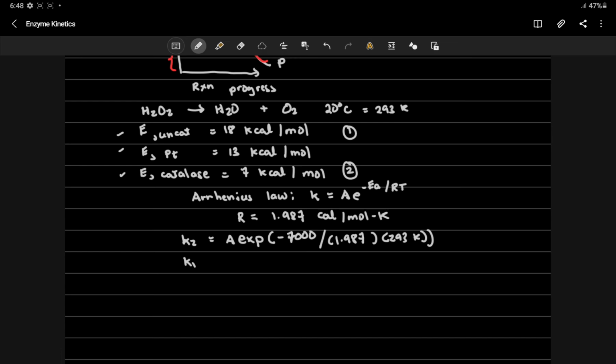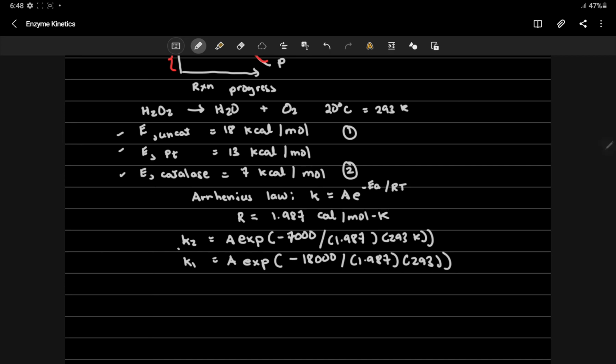For K1, or the rate constant for the first reaction, which is uncatalyzed. So ganun din, A pre-exponential, E raised to negative 18,000 divided by 1.987 times 293 Kelvin. So what I will do here is I will just take the ratio of K2 and K1.